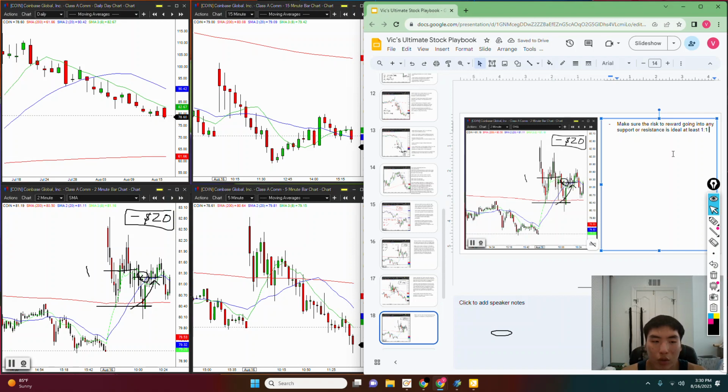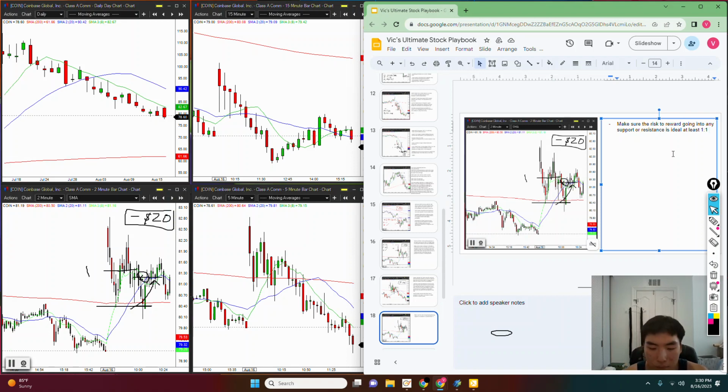And you want at least 1-to-1 because once it's 1-to-1, you could potentially break even. And if it pops up, your trade keeps going. If not, you pull your stop to break even, and you get out at a free trade, no loss.